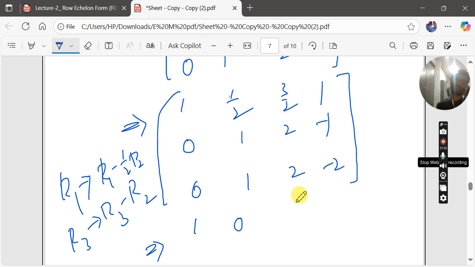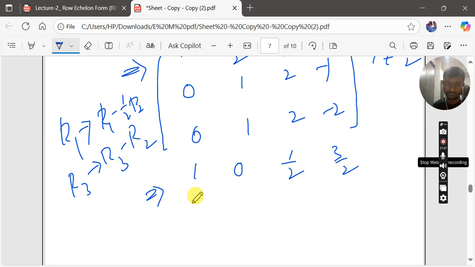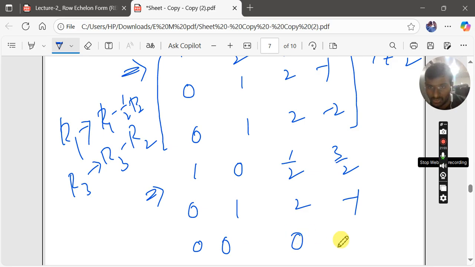It's nothing but 1, 1 minus 3 means 1 by 2. Similarly here, 1 plus 1 by 2 is nothing but 3 by 2. R2 will be the same, 0, 1, 2 minus 1, and here it will be a subtraction, 0, 0, 0, and minus 2 plus 1, here it will get minus 1.